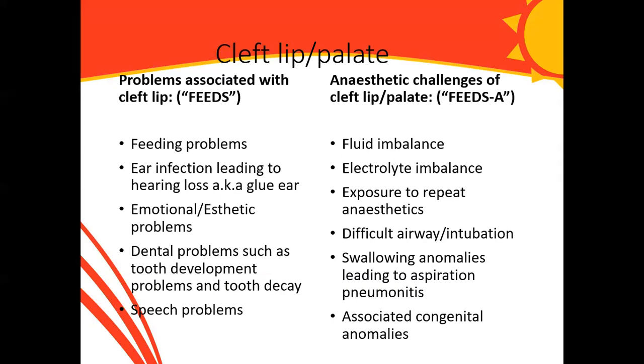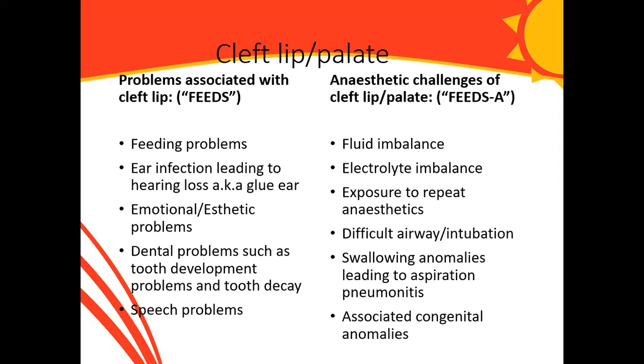Now, if you have a child coming for cleft lip repair, you need to consider fluid and feeding imbalance, because the child has feeding problems, and this will lead to electrolyte imbalance. This is not the time to gloss over electrolytes, so check them. Exposure: these patients are a lot of times exposed to repeated anesthetics and surgical repair.